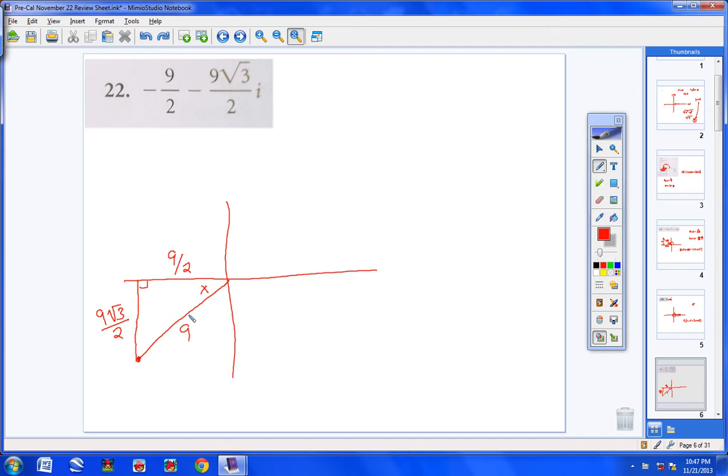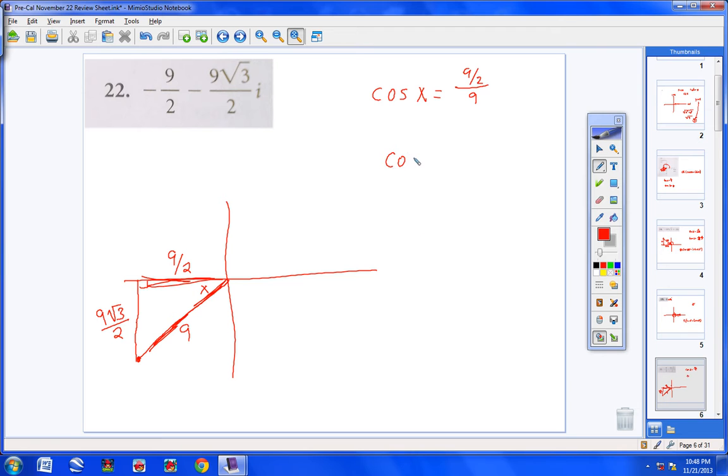Why make life hard? Let's use this side here and this side here. I mean, 9 half and 9 are a lot easier to use. So the name of this side here is adjacent. The name of this side is hypotenuse. So let's say this, the cosine of x equals adjacent over hypotenuse. That's a lot easier, okay?